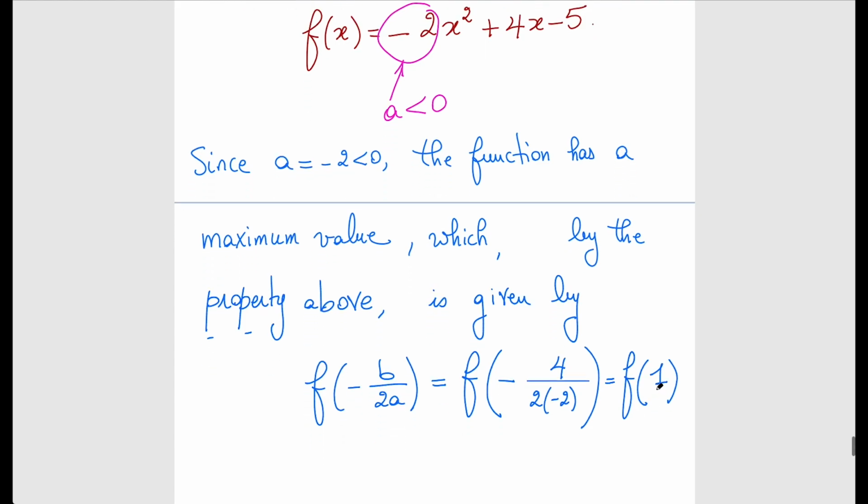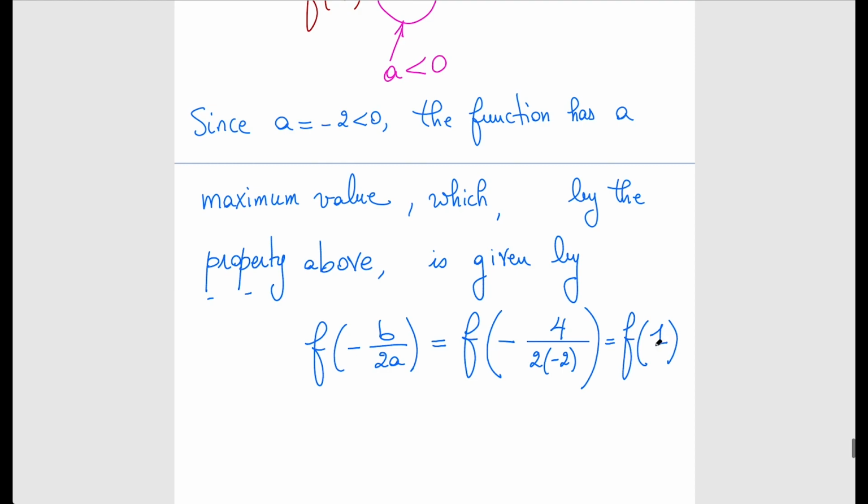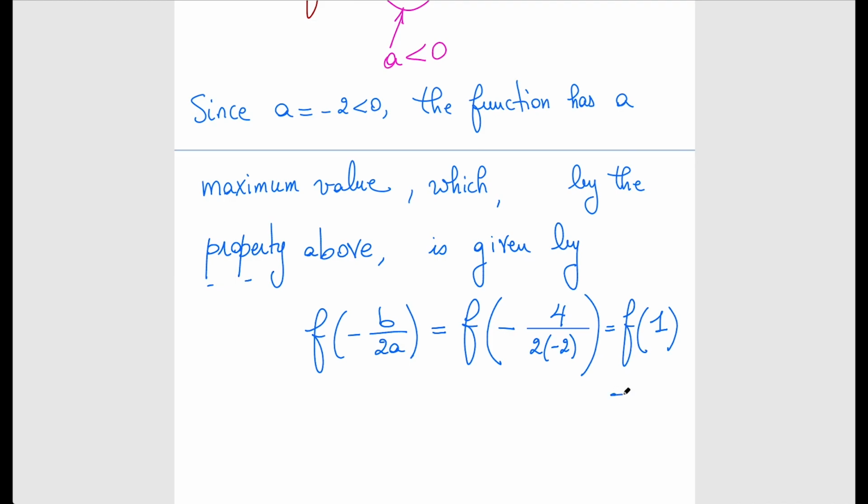And at this point, I'm going to find the largest value that the function reaches, and this is nothing but the y-coordinate of the vertex, because the function looks like this. So that tip, that peak, is f of 1, the vertex. And f of 1 is the y-coordinate of that vertex.